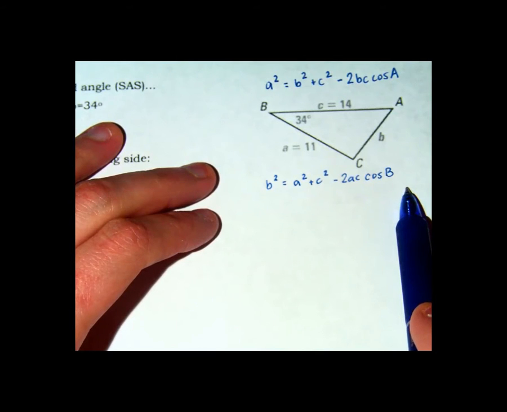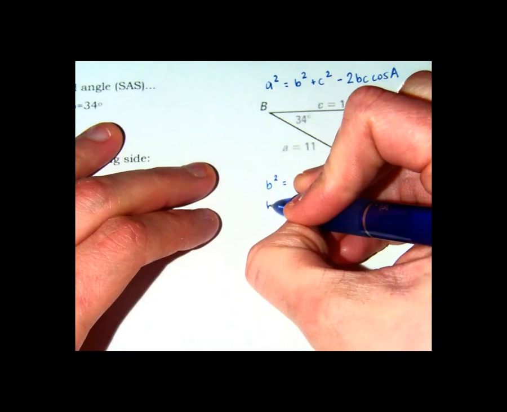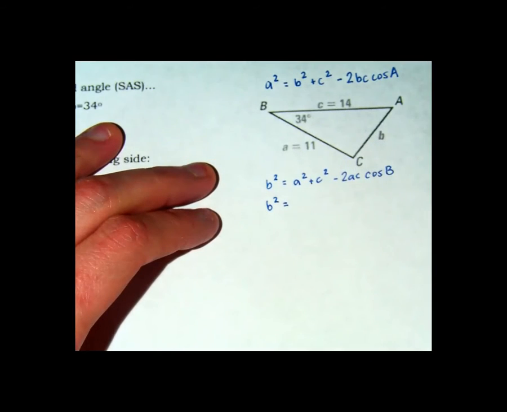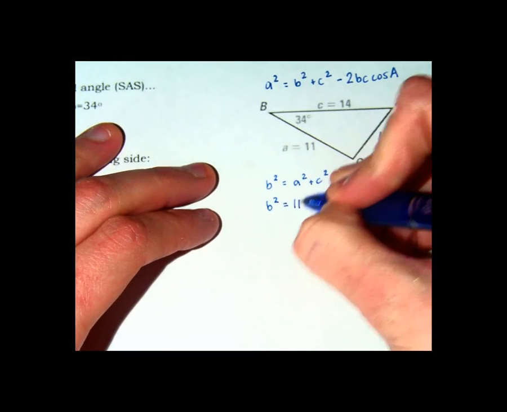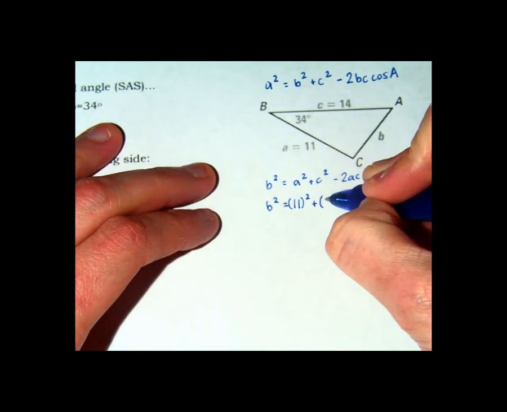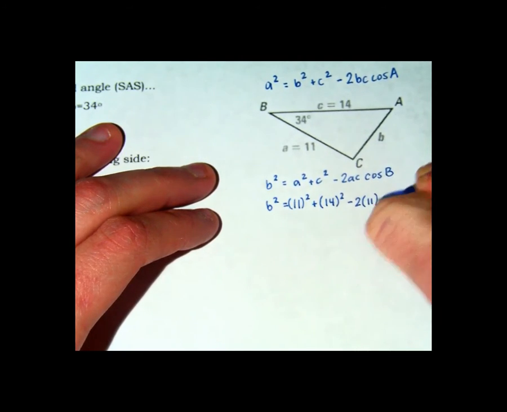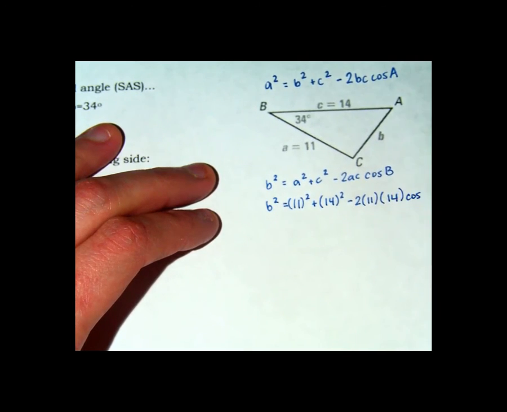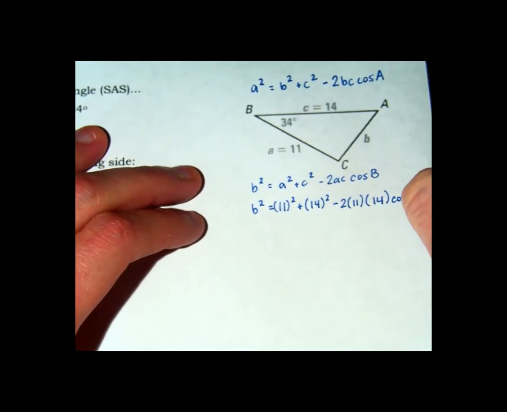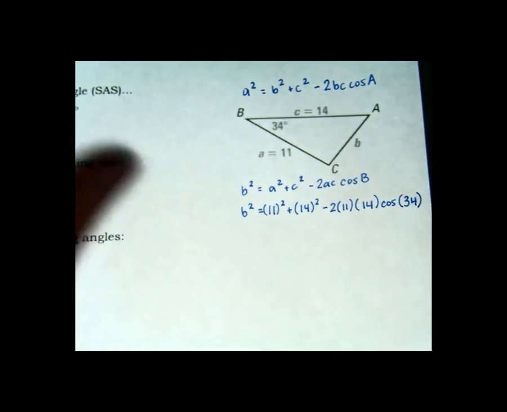Law of cosines, I just plug in. Do I know B? Do I know A? What is it? Do I know C? What is it? Minus 2. We said A was 11. C was 14. Cosine. Do I know the angle B? What is it? Type all that in.